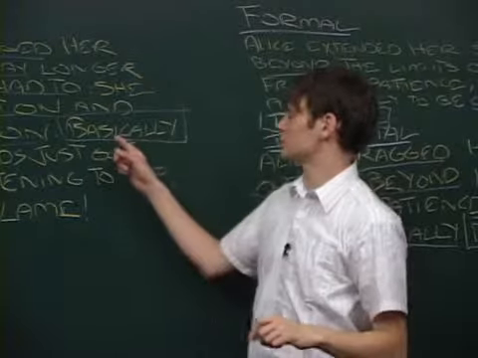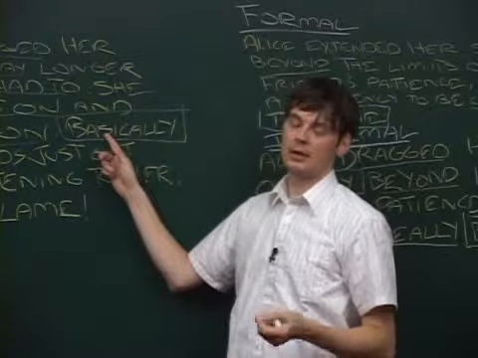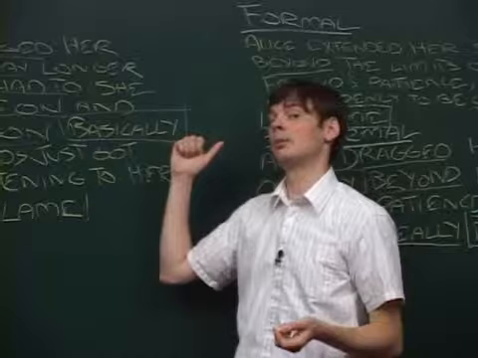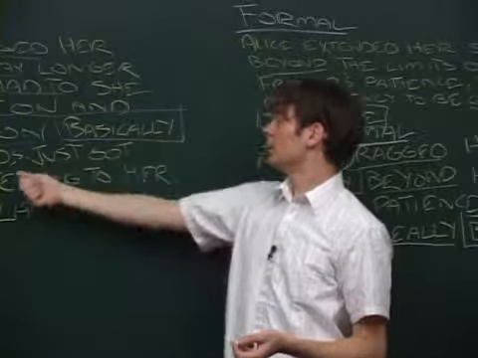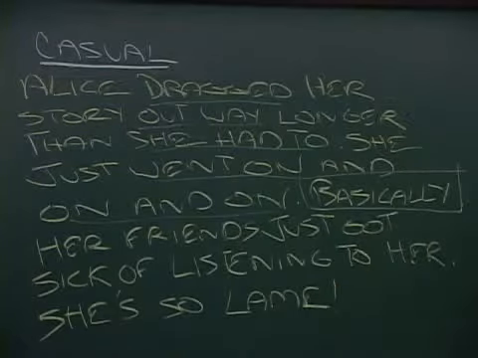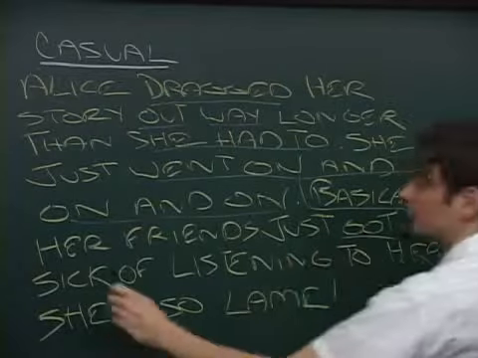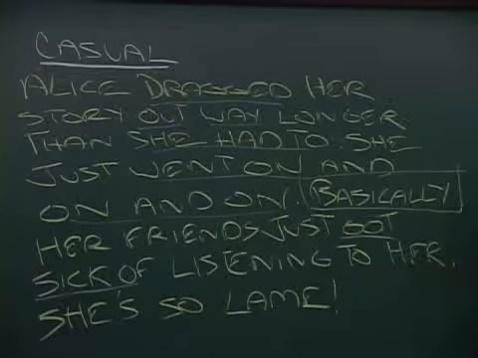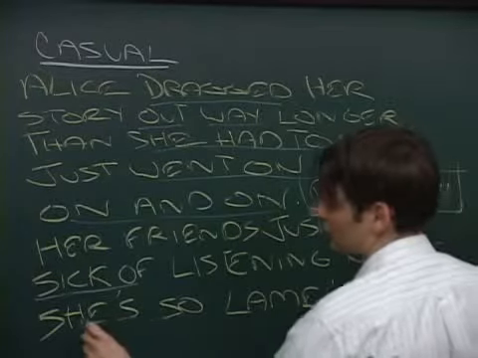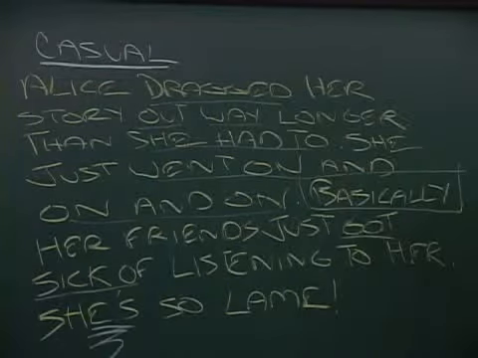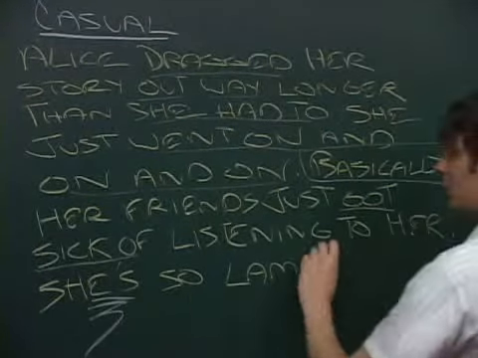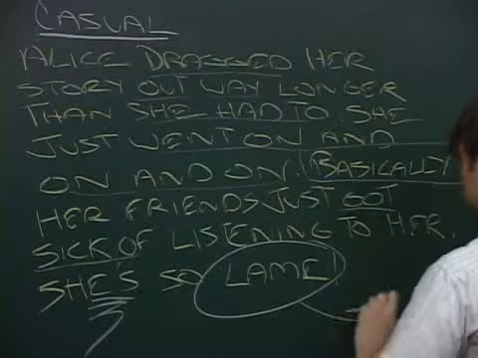Basically is very much a word that we use in spoken English. I actually just used it about a minute ago. Basically, her friends just got sick of, right? Another idiomatic expression. And then we finish with she's so lame. So you'll notice, of course, here there's the contraction, she's rather than she is. And then I finish with a piece of slang.